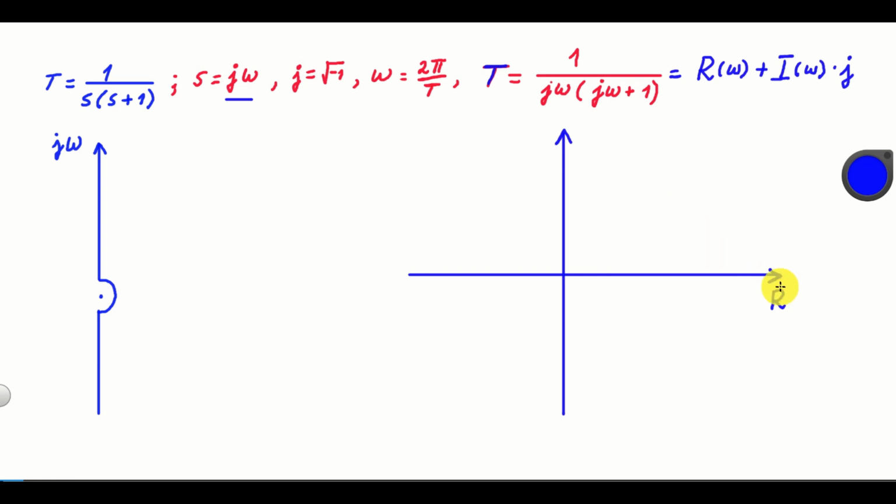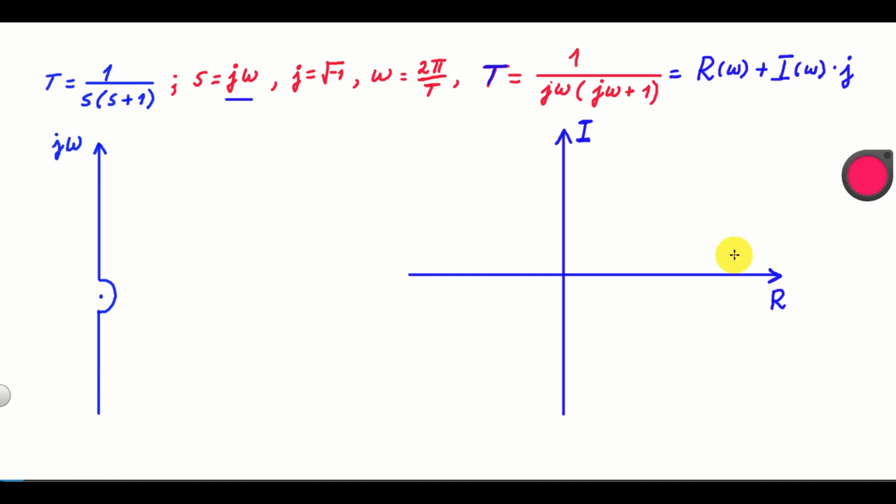Namely, on the horizontal axis we can plot the real part of T, and on the imaginary axis we can put the imaginary part of T. That is, for any value of omega, we are going to obtain a point inside of this new complex plane. For example, if I pick omega to be equal to 1, I substitute here, I will obtain a certain expression for the real part and a certain expression for the imaginary part, and I will obtain a point over here.